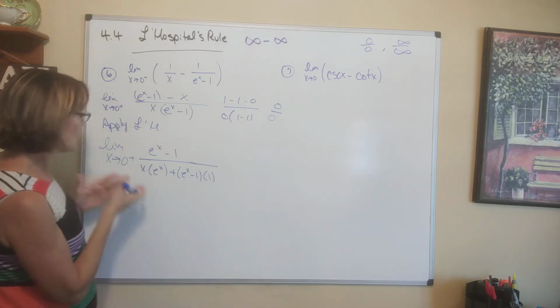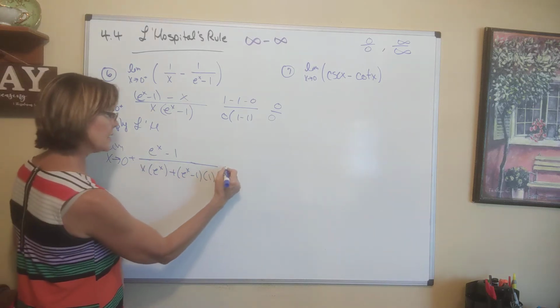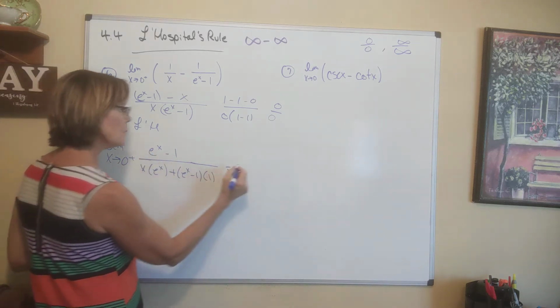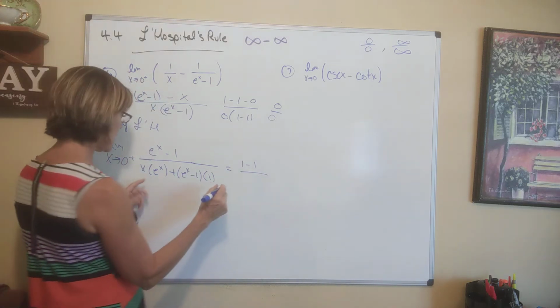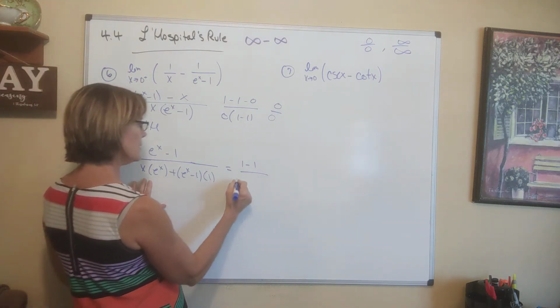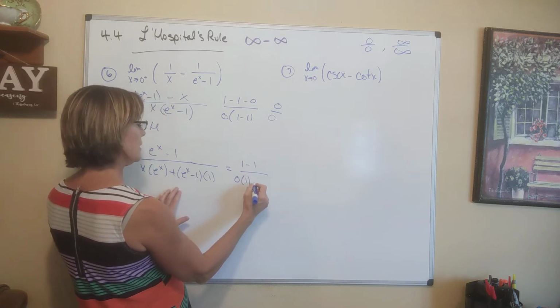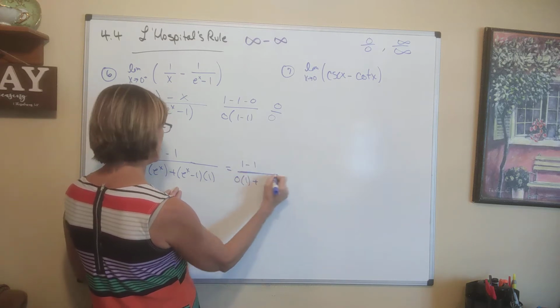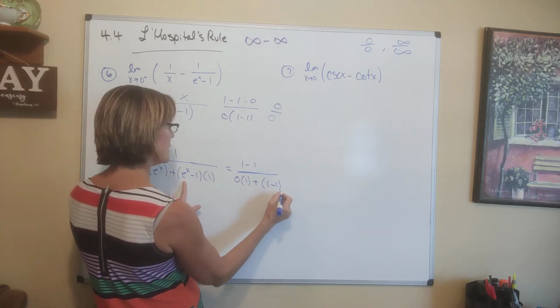Let's see, what do we get when we put in 0? This gives us e to the 0, which is a 1, minus 1, over 0 times e to the 0, which is a 1, plus e to the 0, which is a 1, minus 1 times 1.